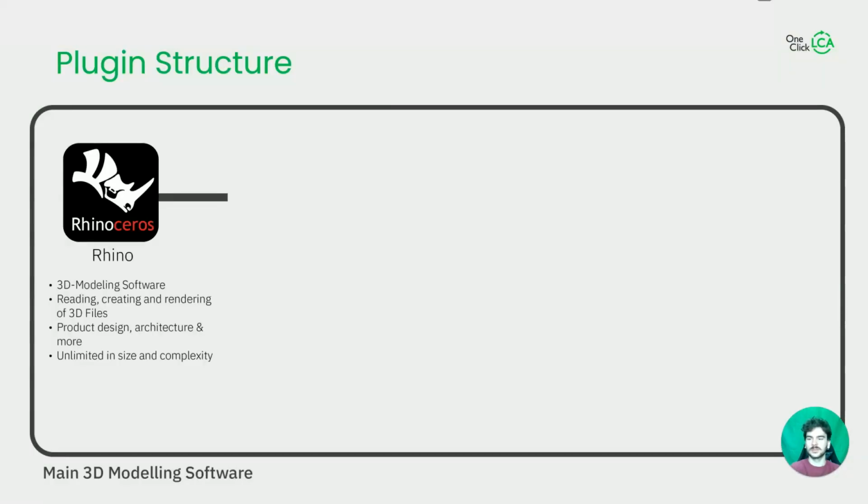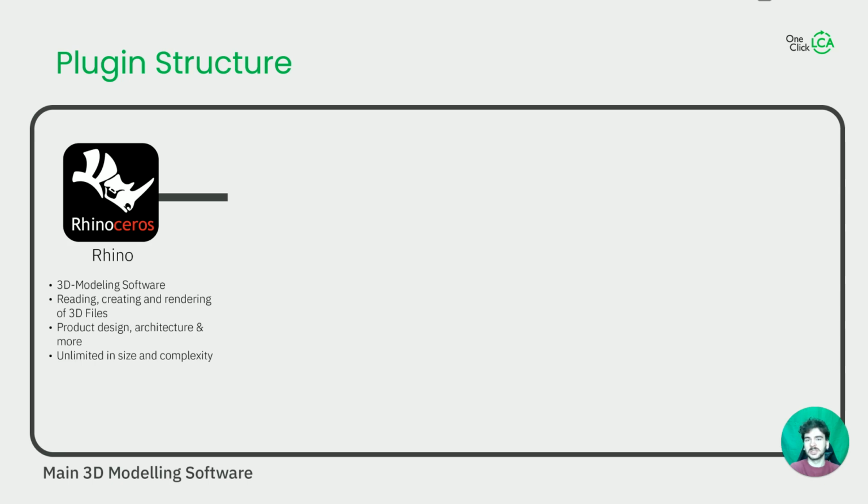So now to talk about the plugin and explain how it's integrated into Rhino and ENVI-met. Just as a brief explanation, Rhinoceros is a 3D modeling software which is used in many fields like architecture and product design.